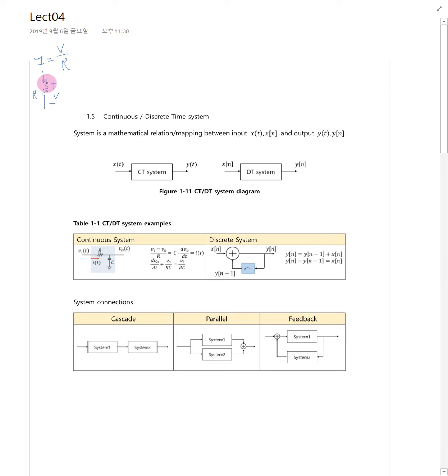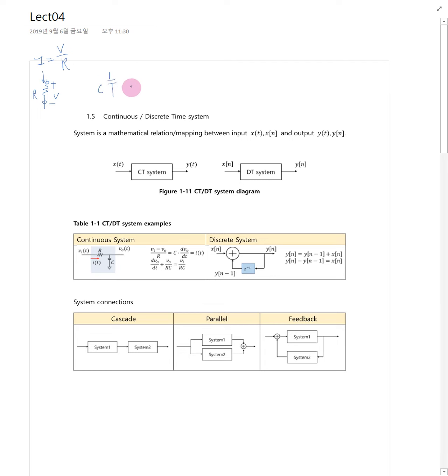So if you would like to measure the current, you need to calculate the voltage difference across the resistor and divide by R, which gives the amount of current. Another component here is the capacitor. A capacitor stores charge. This is the capacitance value.